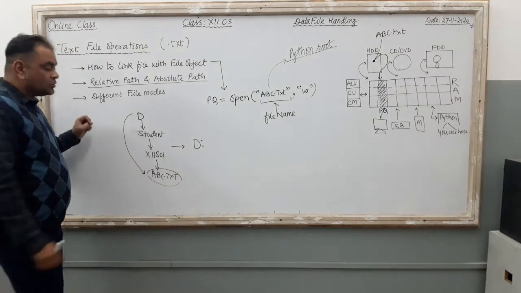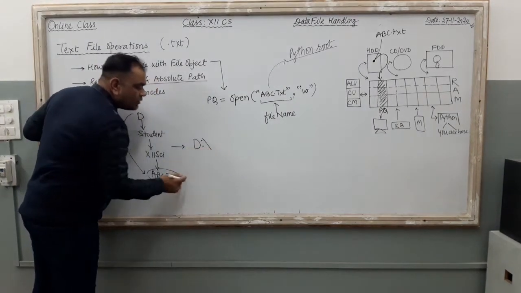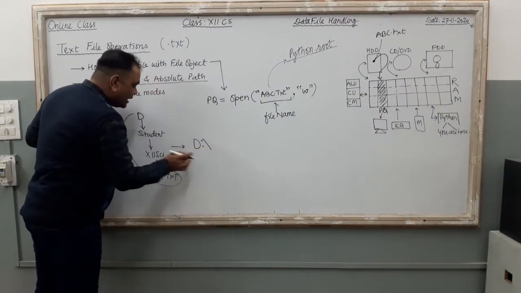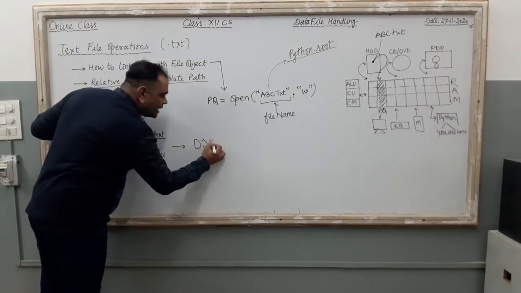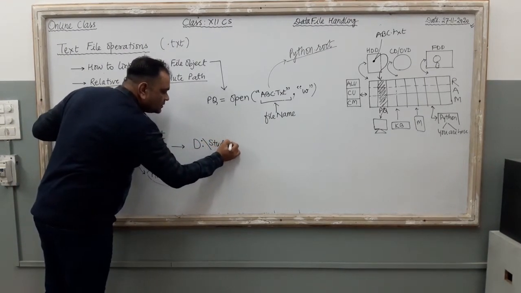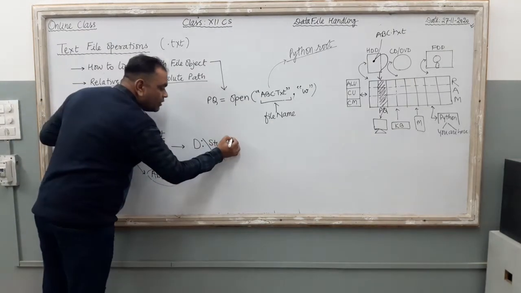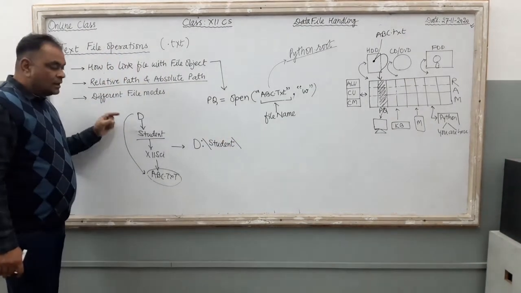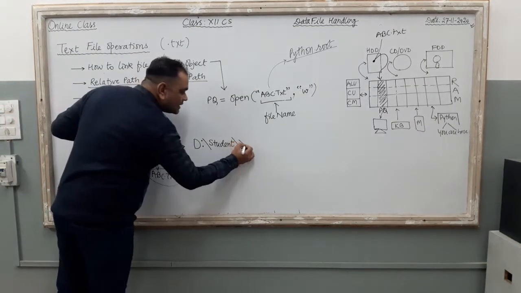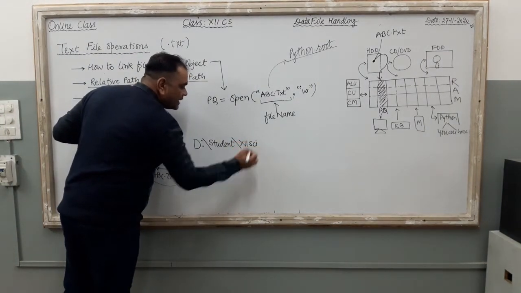Now the folder is student. Just put one slash over here. D colon slash, now write this folder name, student. Clear? Again, inside the student folder, you have to put this backslash symbol. One more folder, 12 science, just write 12 science.